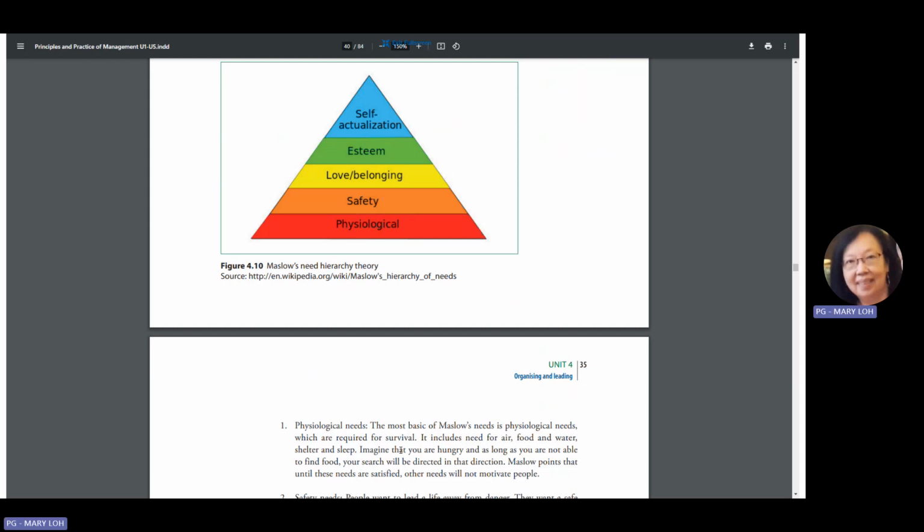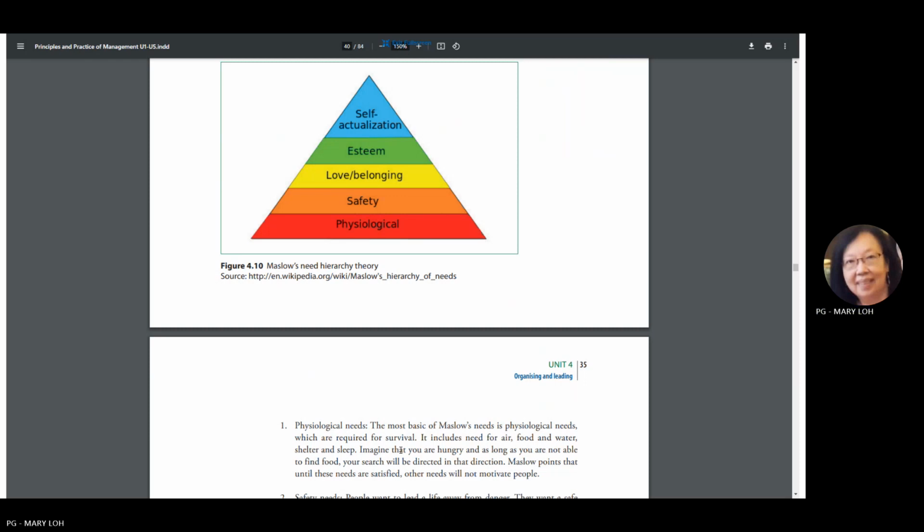So you are applying this knowledge of Maslow hierarchy of needs.